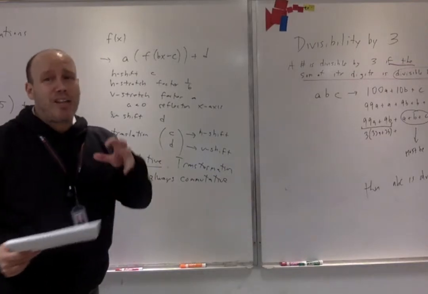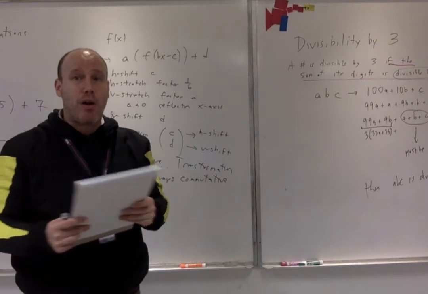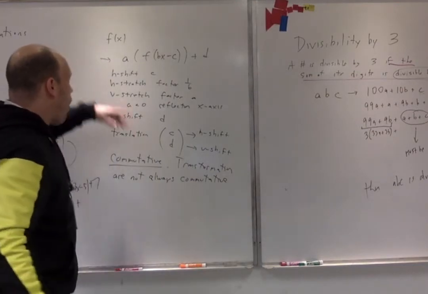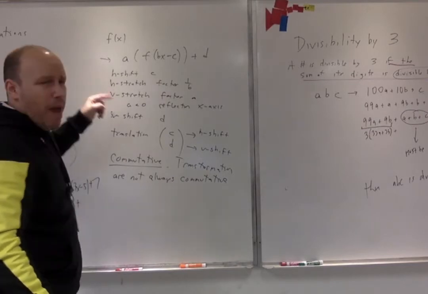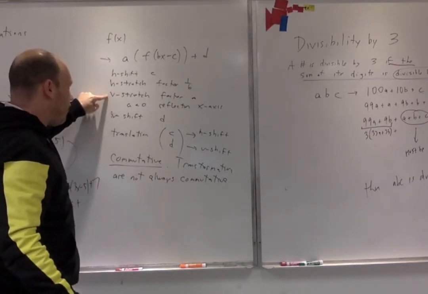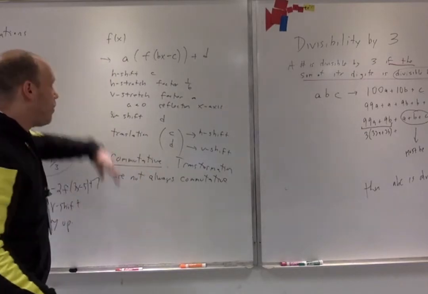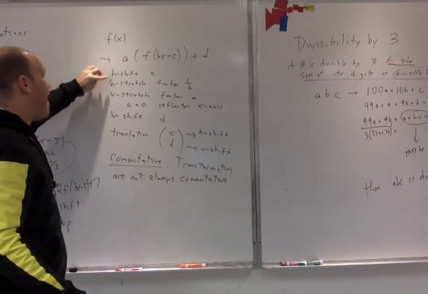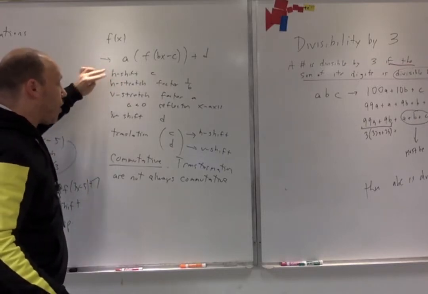If you're doing an X transformation and then a Y transformation, the order doesn't matter. So if I do a horizontal shift and then do a vertical stretch, it doesn't matter if I first do a vertical stretch and then a horizontal shift. But if I'm doing a horizontal shift and then a horizontal stretch, it does matter of the order.